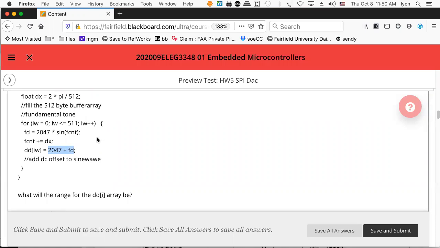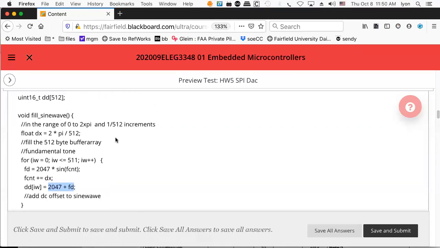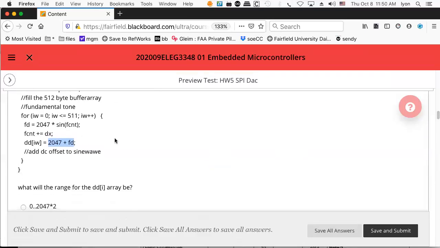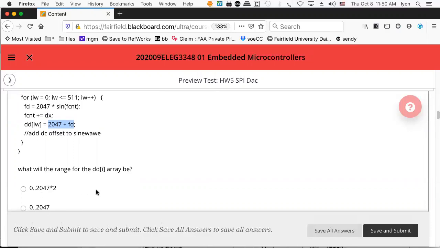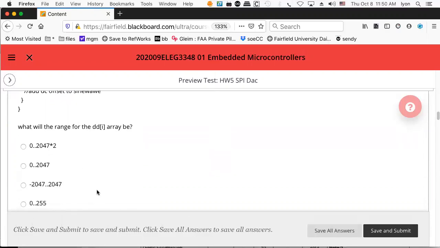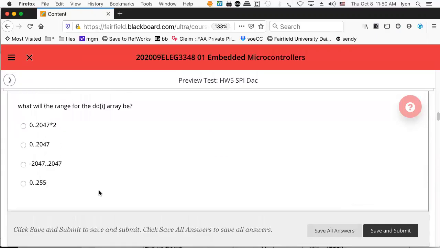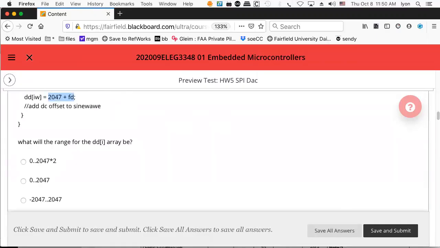Anyways, having said that, what will the range for the array be? And so it's 0 to 2047 times 2. That sounds about right. And that's correct. 2047 times 2.